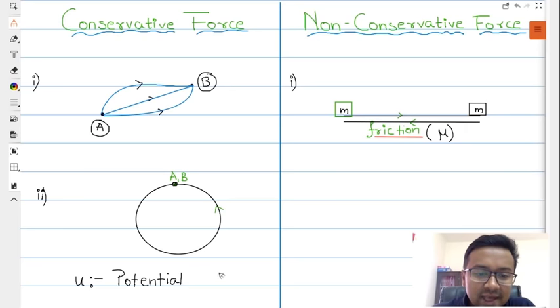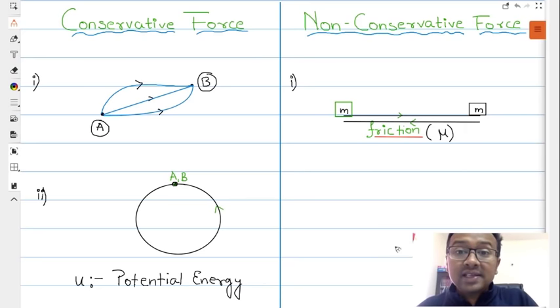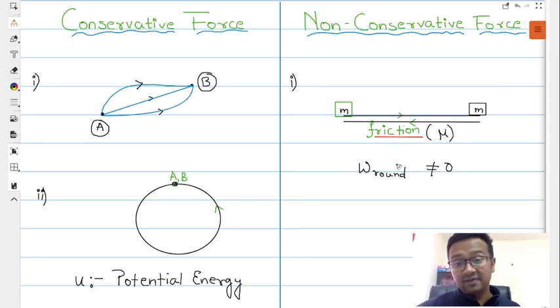Clear, guys? However, for a non-conservative force, the work done in a round trip is not equal to zero.